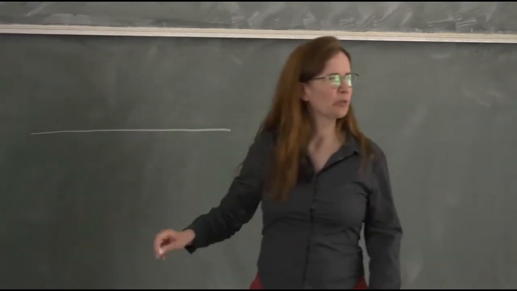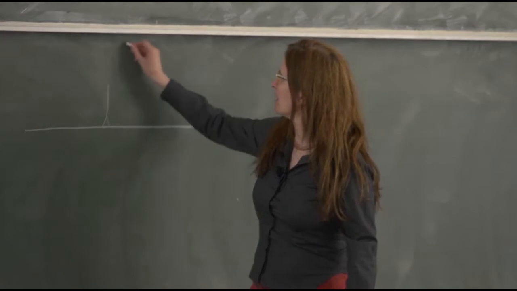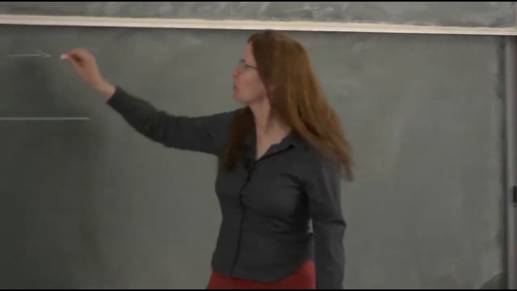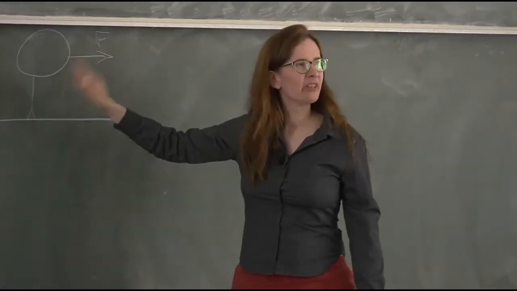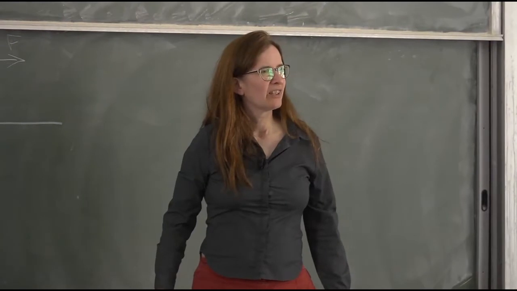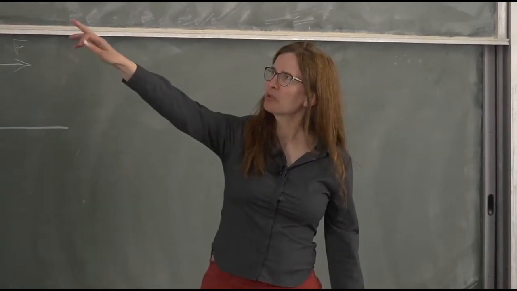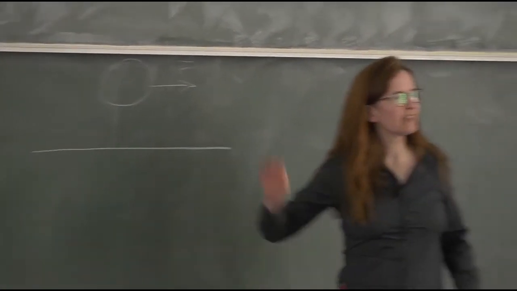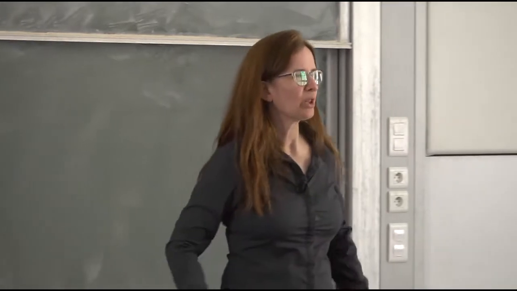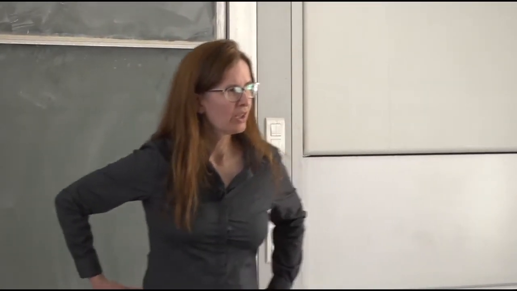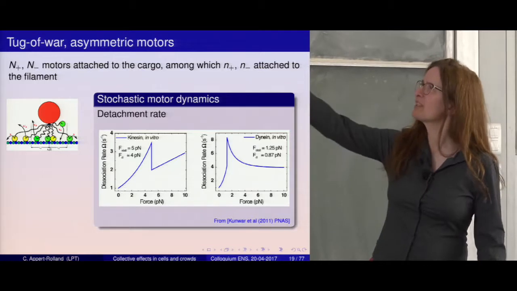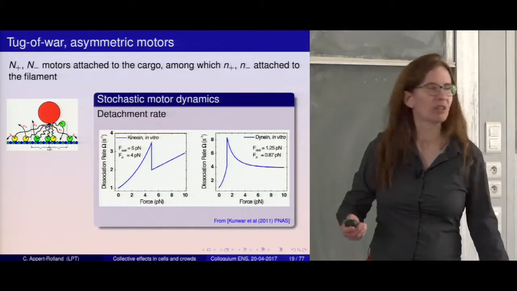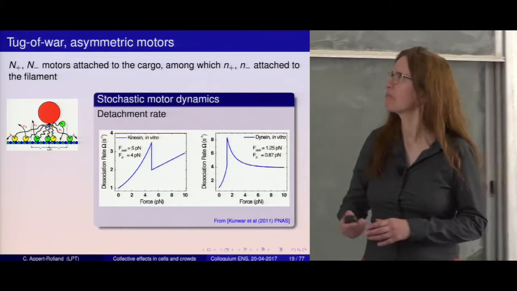You put a microtubule, then you put a motor on it with a bead, and you exert a force F with a magnetic trap, for example, and you measure the detachment rate. And you do this for one kinesin motor and one dynein motor. Oh, so just one is a test? Yes, it's the property of one individual motor. Okay, and one is going opposite to the force you apply, and the other one is not? Oh no, in both cases you apply a force opposite to the motion. And it's two types of motors. Yes, two types of motors.